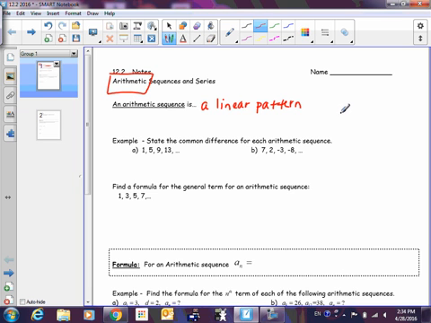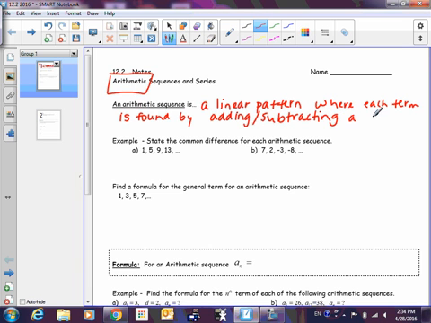An arithmetic sequence is nothing more complicated than a linear pattern, where each term is found by adding or subtracting a common number. So this idea of linear is going to help you with some of this that's about to come up.